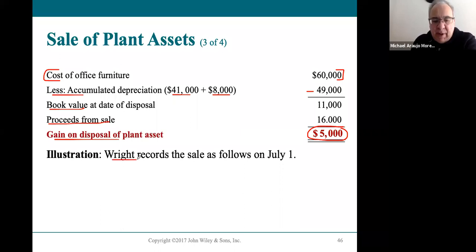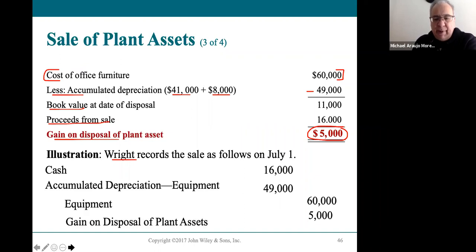So this is what the company will do on its books. It'll show that it received $16,000 in cash for the sale of that. That's the cash. They have to remove the accumulated depreciation. So in order to zero out the accumulated depreciation on this office furniture, that's what the debit to accumulated depreciation does.